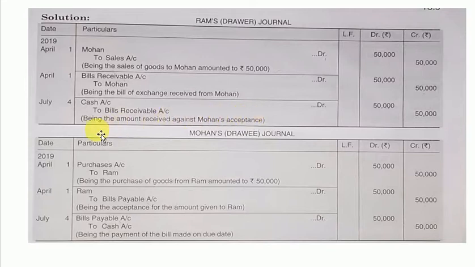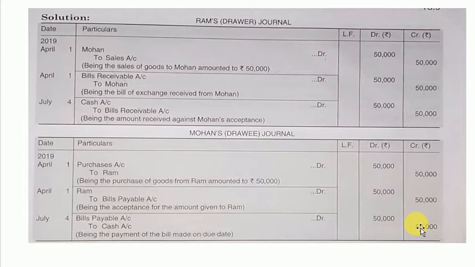And on the same date, July 4, in the books of Mohan, the entry goes Bills Payable Account debit to Cash Account, being the payment of the bill made on due date or date of maturity, 50,000.